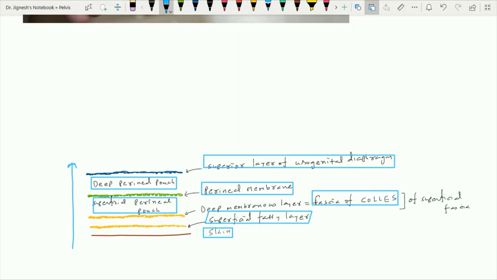And within these 7 layers, the last 3 layers, or we can say the deep 3 layers, are collectively called the urogenital diaphragm. So the urogenital diaphragm, which is present within the urogenital triangle, is made up of the deep perineal pouch covered with the perineal membrane superficially and the superior layer of the urogenital diaphragm deeply. So these are the layers of the perineal area in the urogenital triangle.